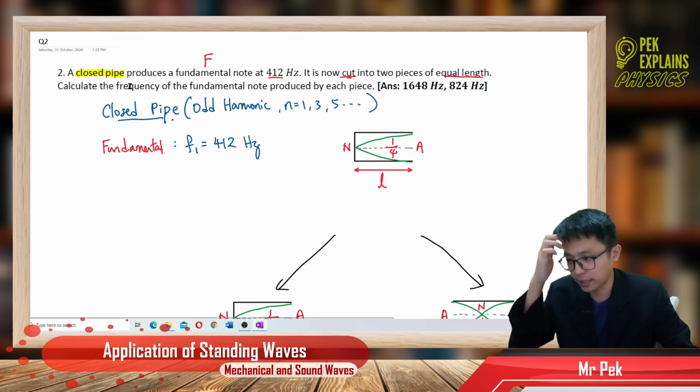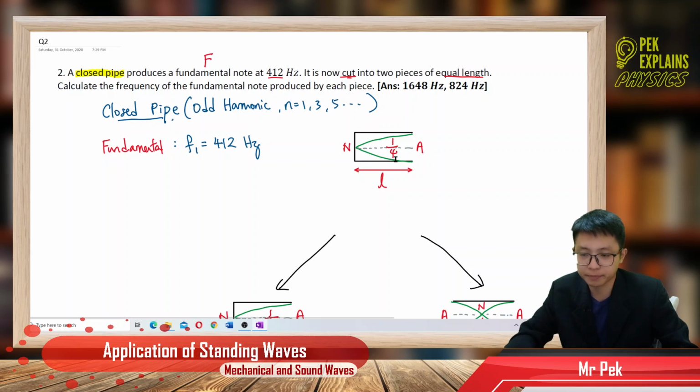So for the closed pipe, the fundamental mode is like this. This is the closed pipe, and the fundamental mode is a node with an antinode. The closed end is a node, and the open end is always an antinode.